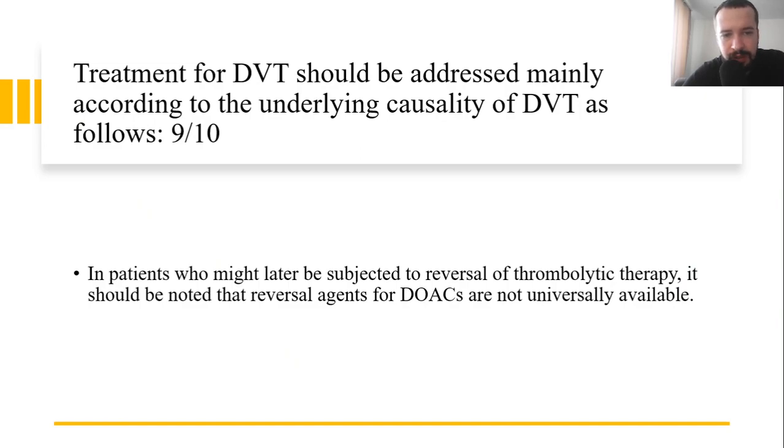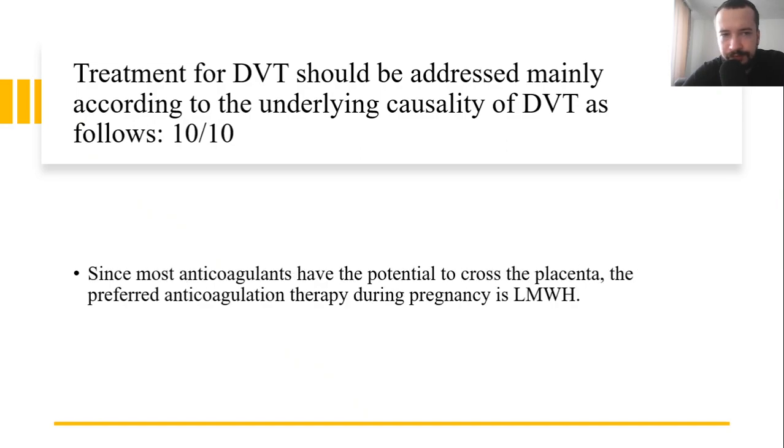In patients who might later be subjected to reversal of anticoagulation, it should be noted that reversal agents for DOACs are not universally available. And the last point, since most anticoagulants have the potential to cross the placenta, the preferred anticoagulation therapy during pregnancy is LMWH.